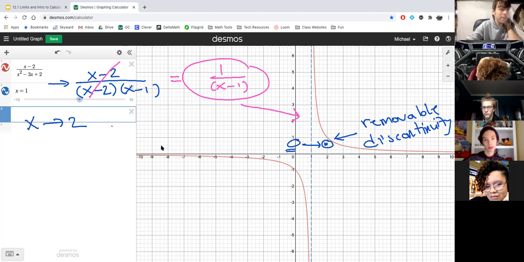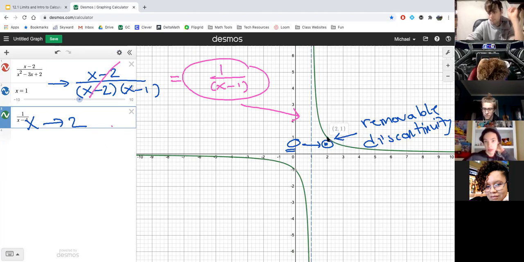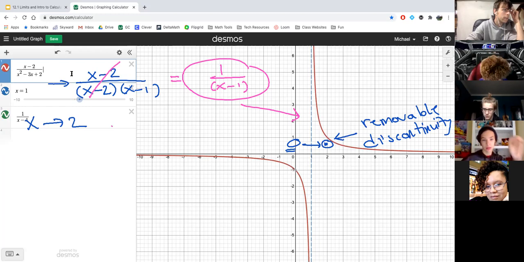Now, these are fundamentally different functions because one of them has the discontinuity and one of them doesn't. But notice how they line up directly on top of each other. This green one, the one that I factored out and canceled stuff, is actually defined at 2, whereas our other one is undefined there.